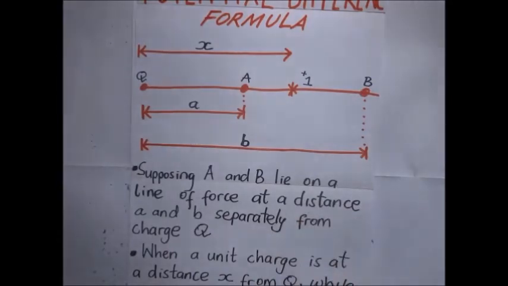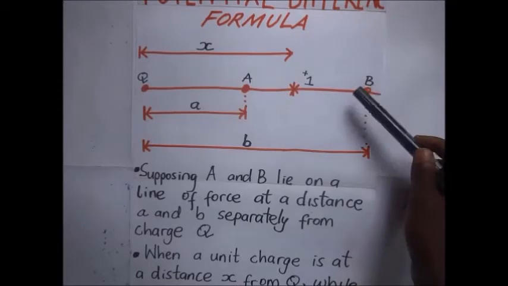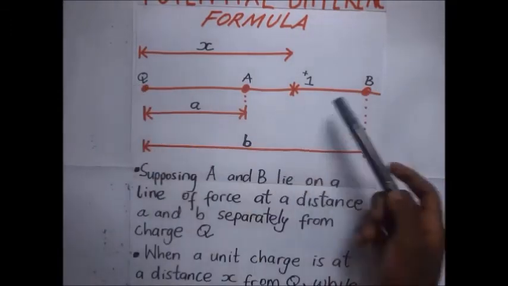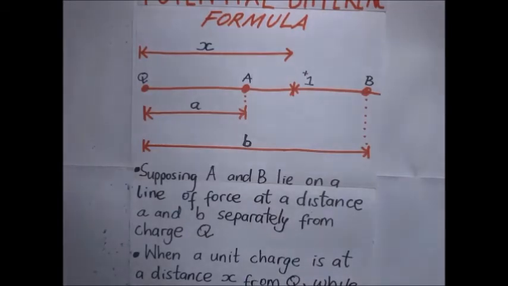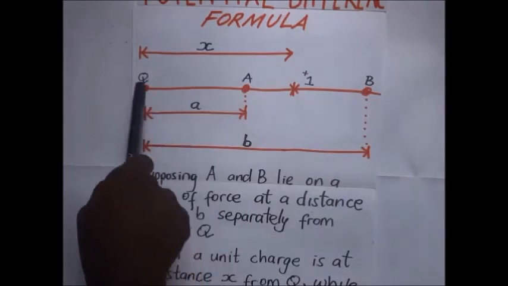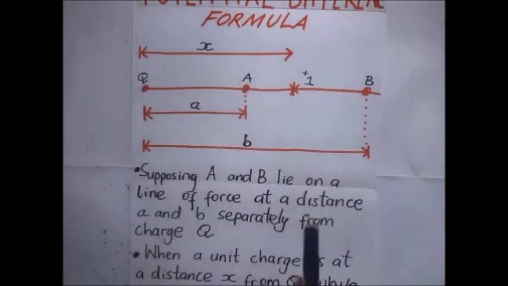So what I'm trying to say is that the work done against the repulsive forces in bringing B to A is going to be the same as the work done by these repulsive forces in pushing A to B.